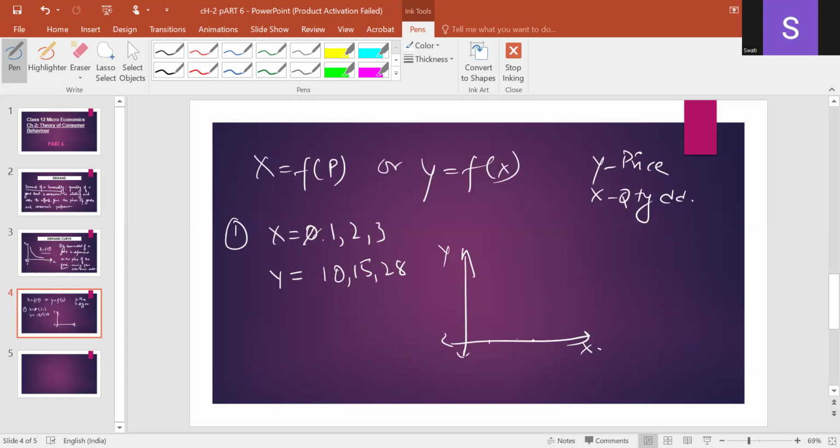So here is 1, 2, 3. This is 10, this is 15, and this is 28. So corresponding to 1, 2, and 3, basically this becomes our demand curve, right? So it depends on what the function of y is. Here it is upward sloping. The dots that we connected gave a function that came out to be an upward sloping curve.